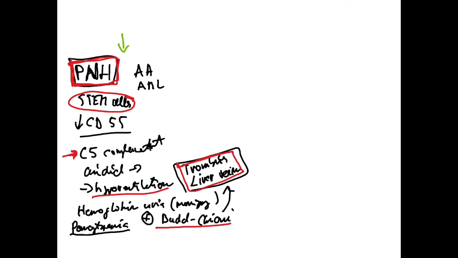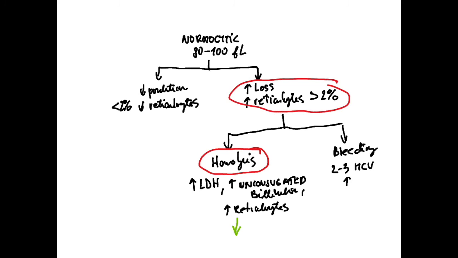So, now let's jump totally to the top. We're going to do the cases of normocytic anemia, which is due to decreased erythrocyte production. So there's something wrong with their production. And I'm going to jump to another page again.